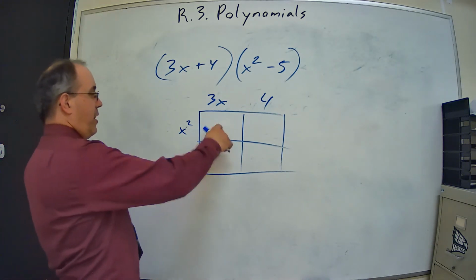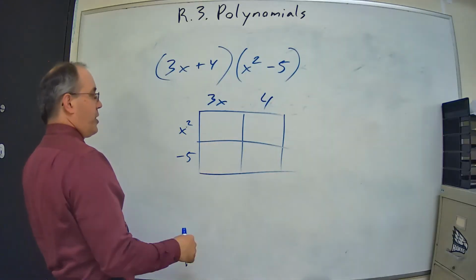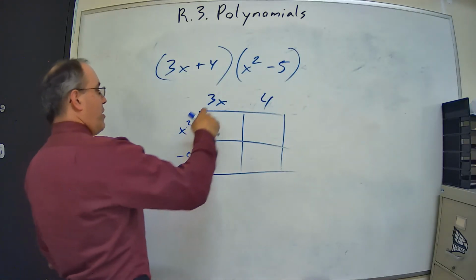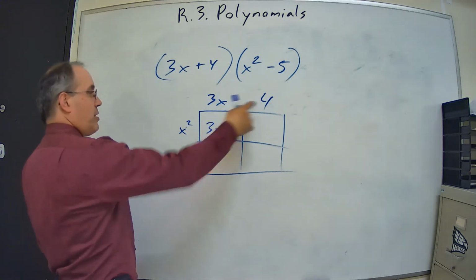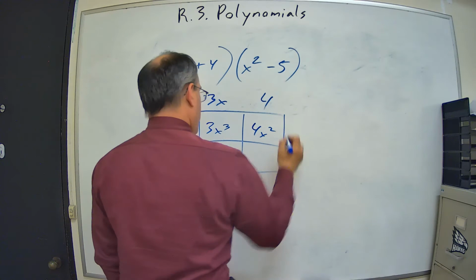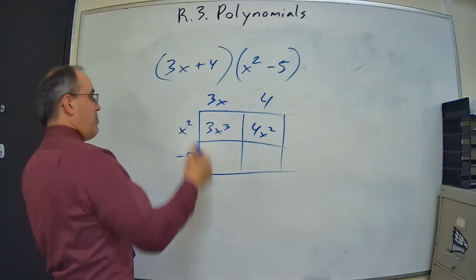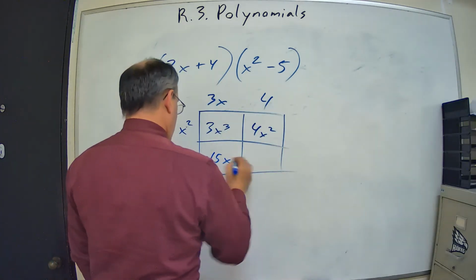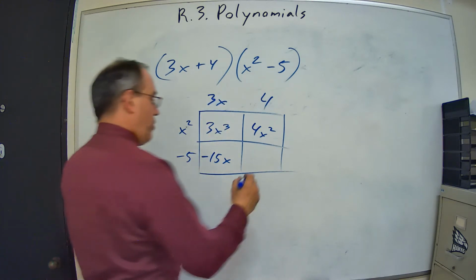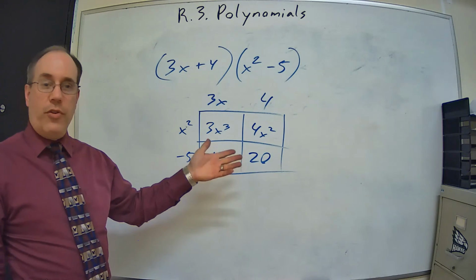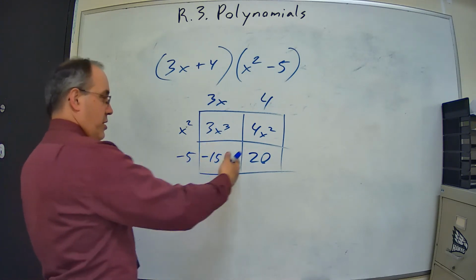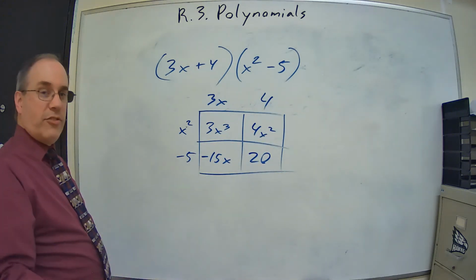Now I can fill in each of these grids by performing the multiplication. X squared times 3x gives me 3x cubed. X squared times 4 gives me 4x squared. Negative 5 times 3x gives me negative 15x. Negative 5 times 4 gives me negative 20. So now I have filled those in, and I can just pull this out, combining like terms as I do so.